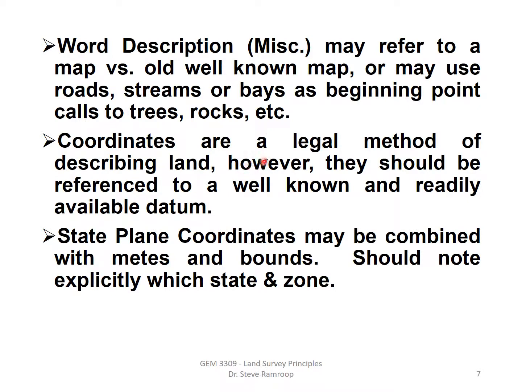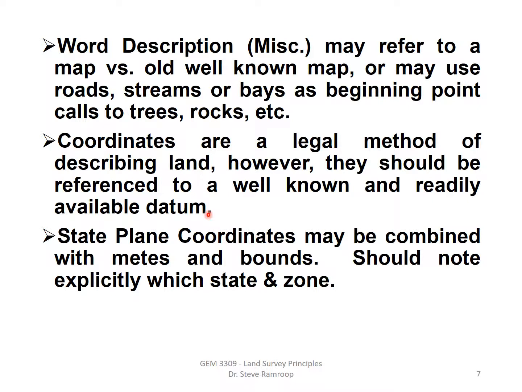Coordinates are a legal method of describing land. However, they should be referenced to a well-known and readily available datum. You can have coordinates of boundaries that are referenced to different datums.